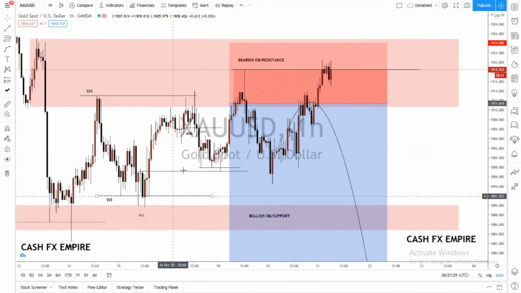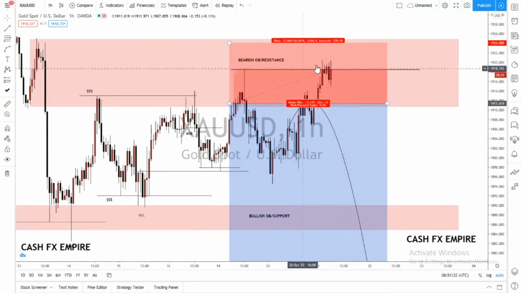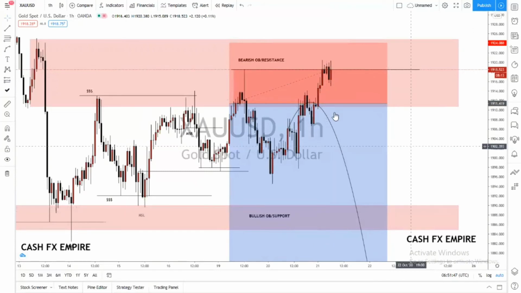So I'm anticipating that possibly this can break and fall down here. That will be dependent on the dollar index. But look at the dollar right now. The dollar index is very weak and dropping heavily.